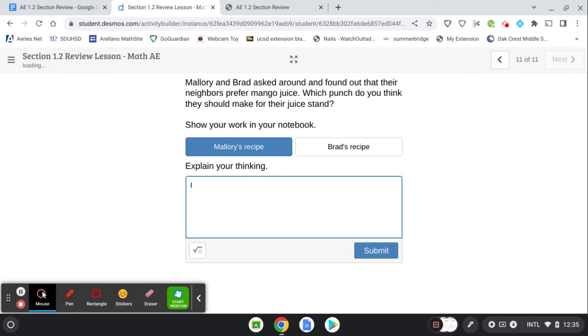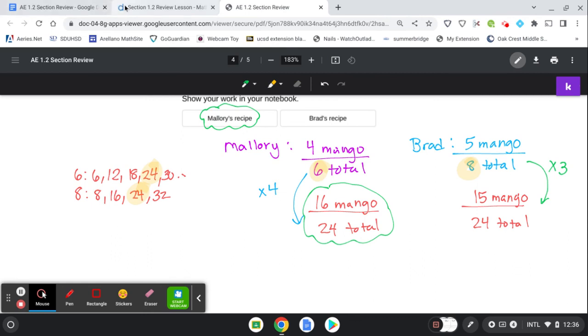If you scale Mallory's and Brad's recipe to have the same denominator of 24, Mallory's recipe has, let me double check, 16 parts mango.